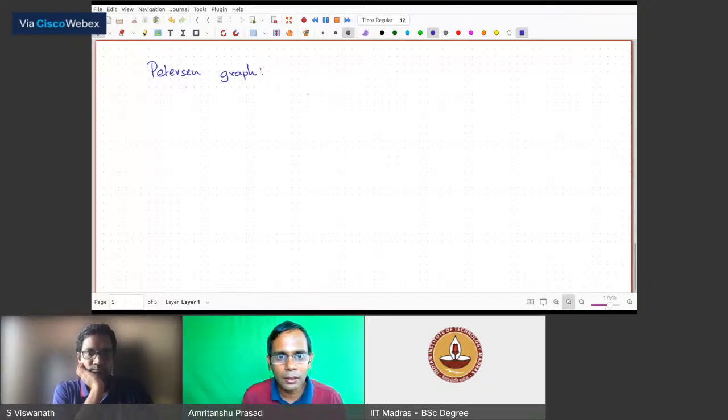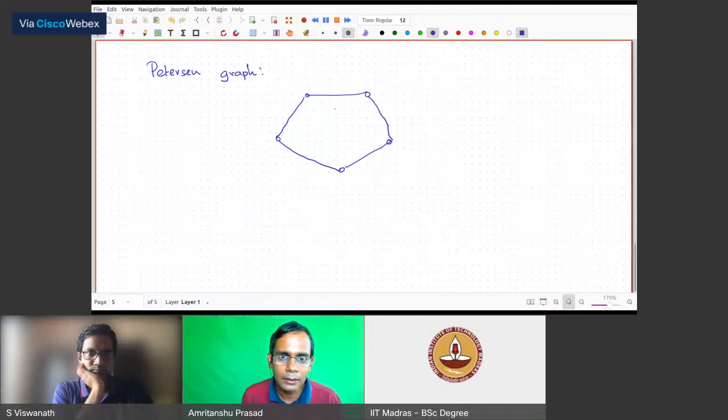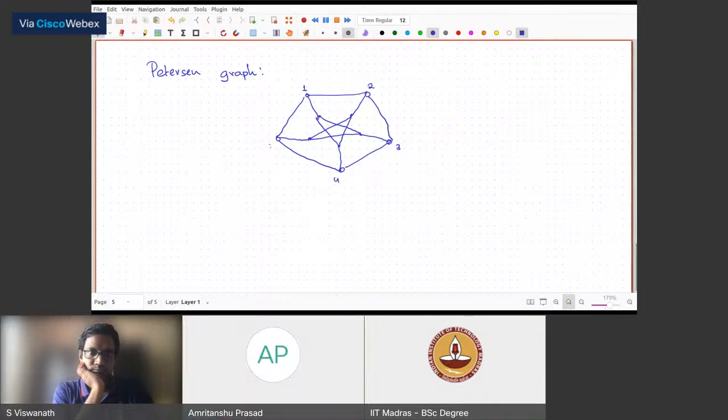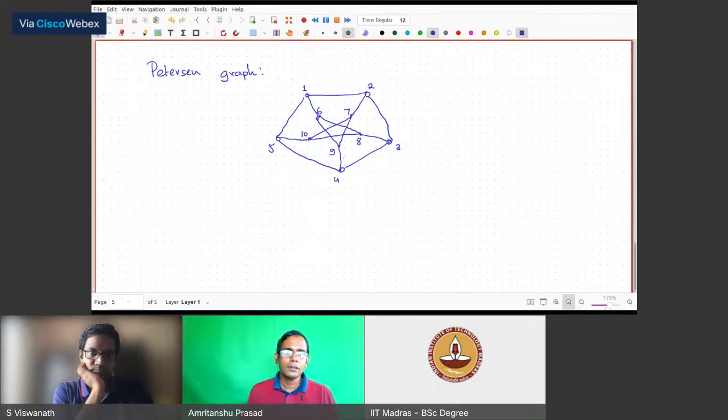It's got 10 vertices, 5 on the outside and 5 inside. So this is the Petersen graph, and we could ask what is its automorphism group.